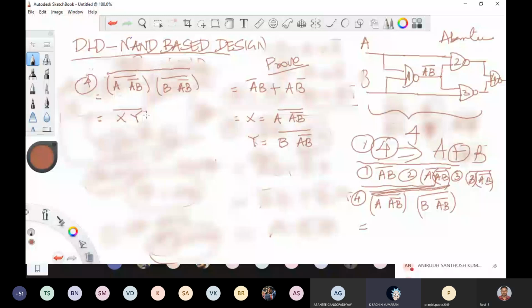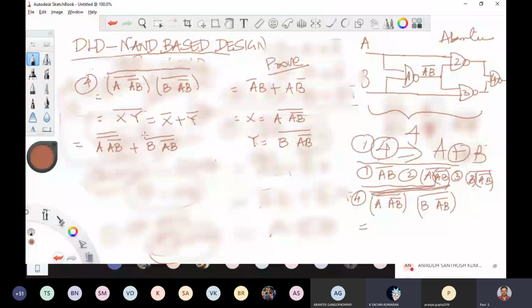Correct? So now I'm rewriting this expression including the variable assumption: A B bar whole bar double bar, plus B A B bar whole bar, and one more whole bar.